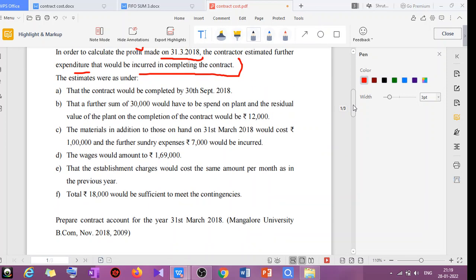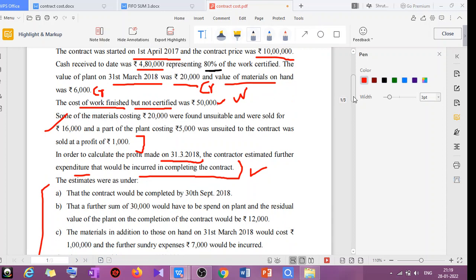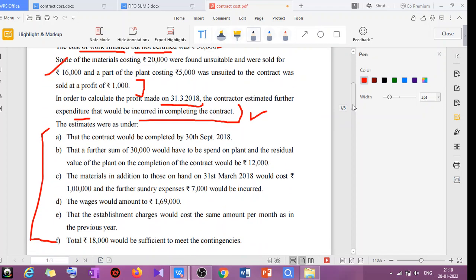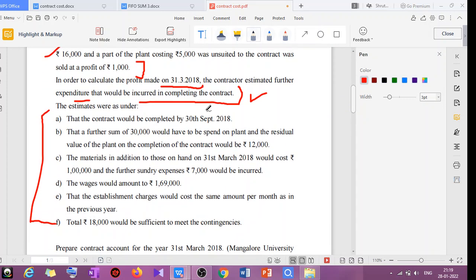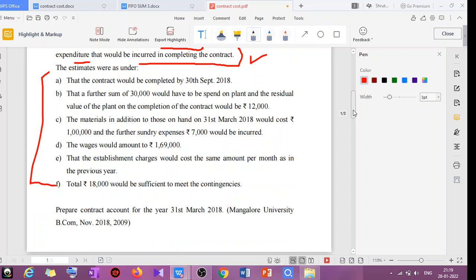Whenever he incurs any expenses, again we have to prepare some estimated profit. This will come under that. I hope you understood. The contract account is the same as how we prepared it before. Extra is estimated profit. Some changes are there in the calculation of the profit to be transferred.